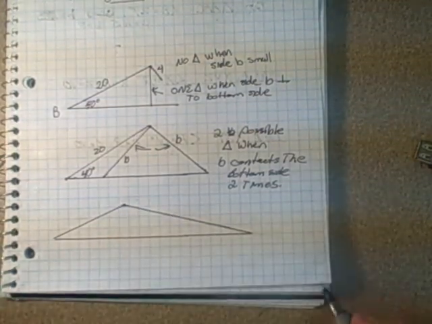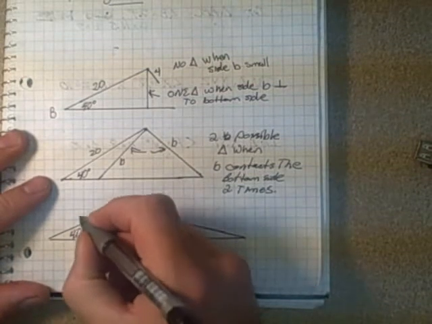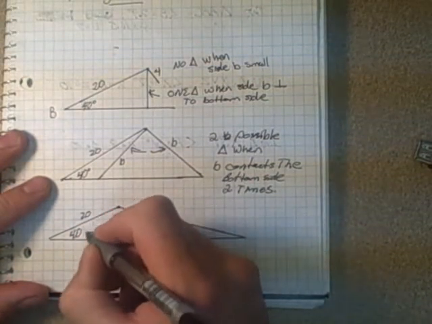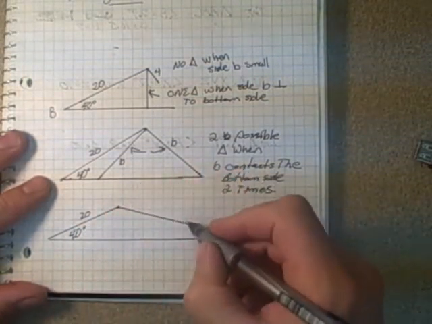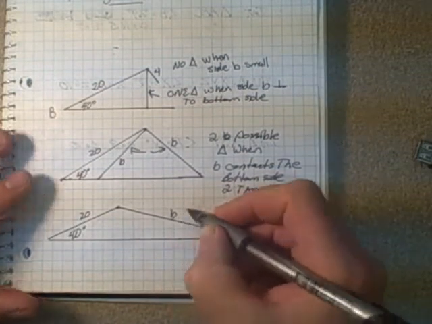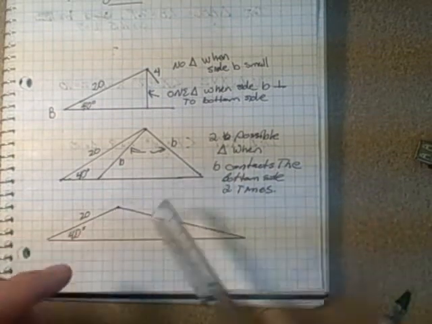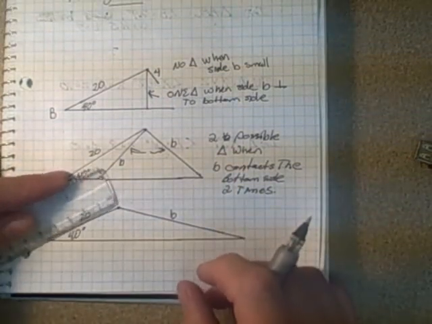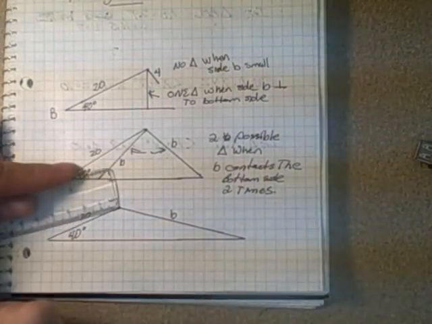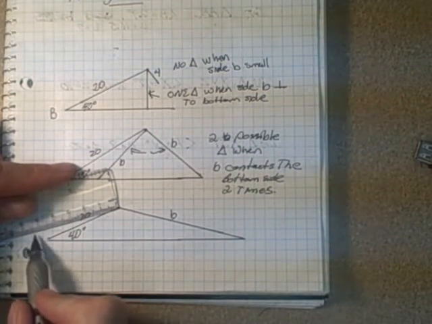So if we wanted to find side B, and B was long, if we took this same side and went over here, it would be way over here. It wouldn't even touch this side. It would go past this point.